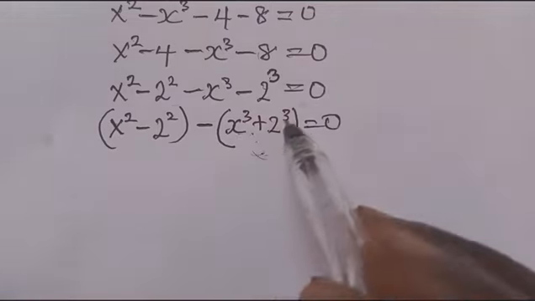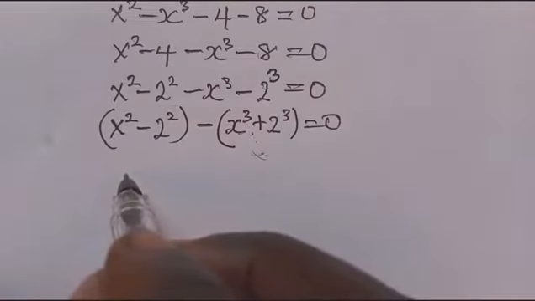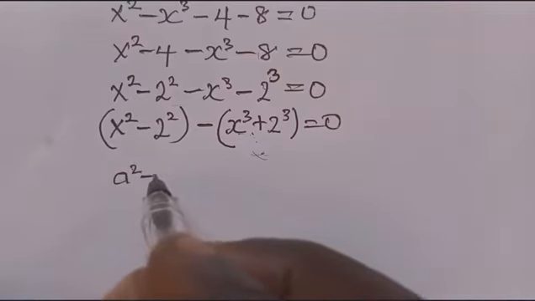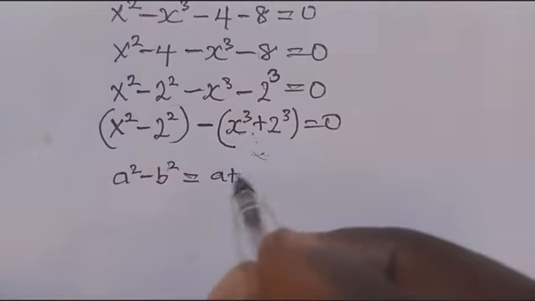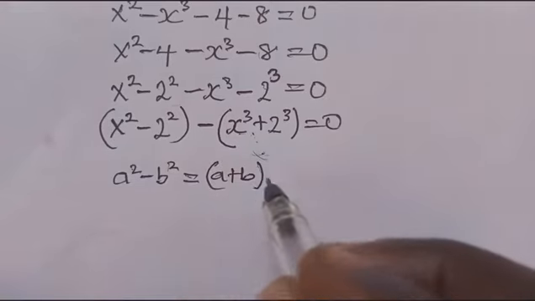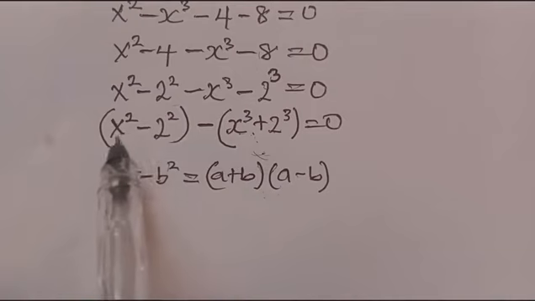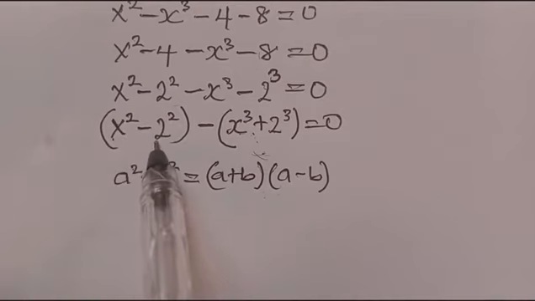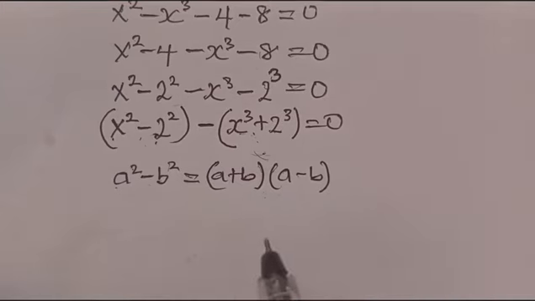Recall that for difference of 2 squares, if you have a square minus b square, we are going to have a plus b, then a minus b. Our a here is the x, then the b is 2. So this is what we are going to apply.